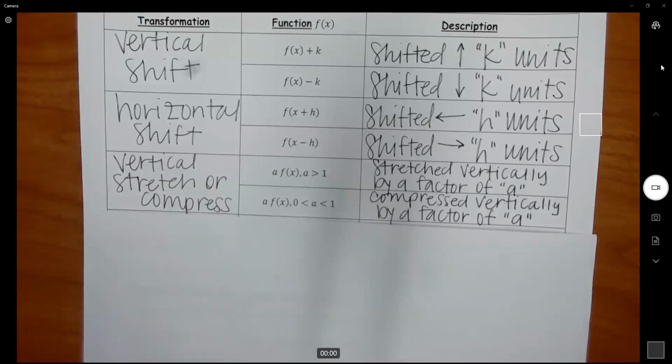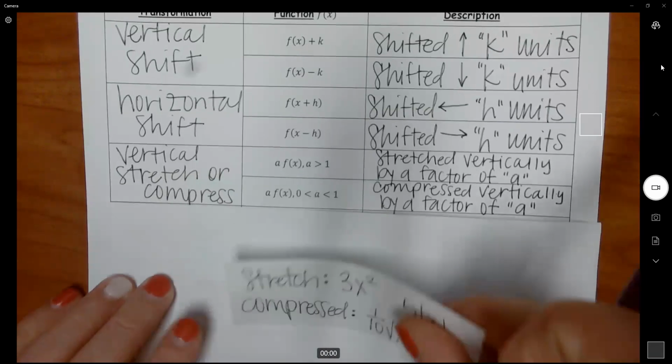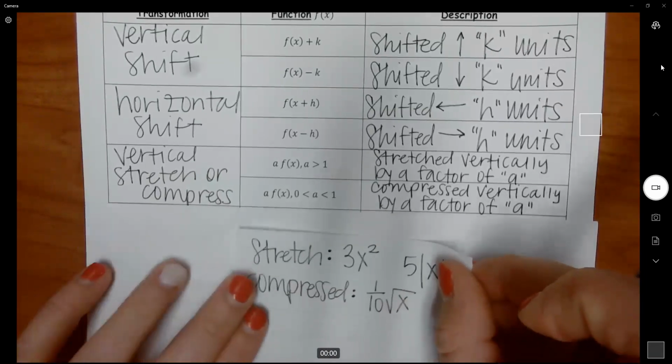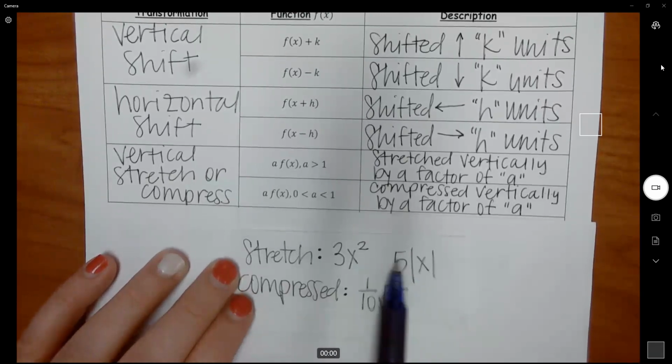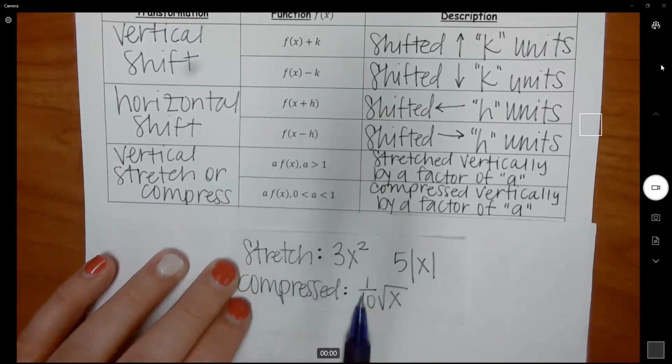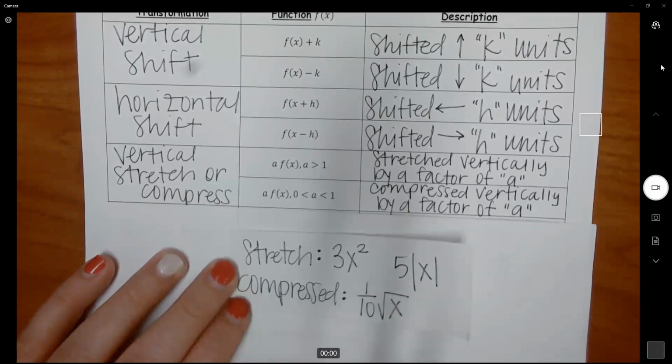Some examples of that would be right here. 3 and 5 are bigger than 1, so those are getting stretched, but 1/10 times the square root of x, that's going to get compressed.